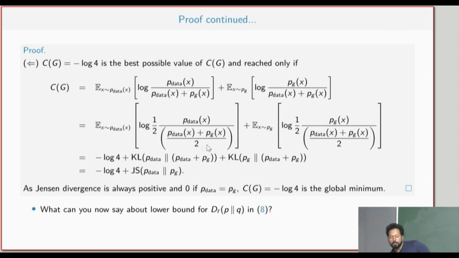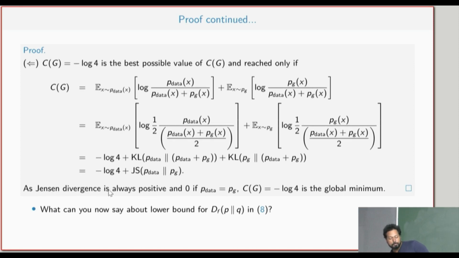In the KL we needed p data plus pg divided by 2, so we did this adjustment of half and brought this 2 here just to make sure that it goes nicely with the Jensen-Shannon divergence. This log half is taken out and made into minus log 4, and the remaining terms that you see here are exactly the KL divergences: p data with p data plus pg, and pg with p data plus pg. This is exactly what the JS divergence is. So we have minus log 4 plus the JS divergence between p data and pg.